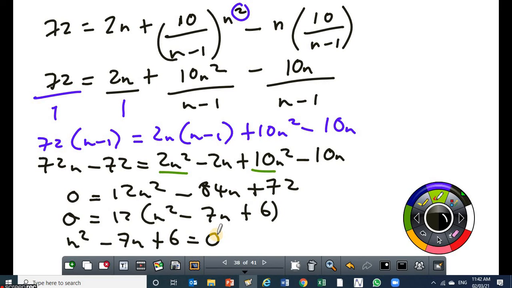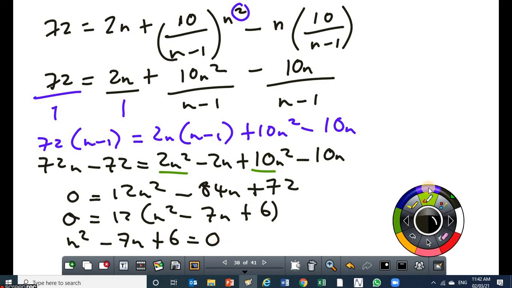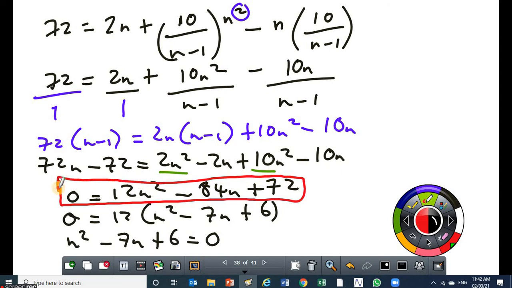Okay. Now, I just want to tell you something. From my experience of doing math, when you get to a point like this one here, where you have this equation, it should click in your mind that you are on track.